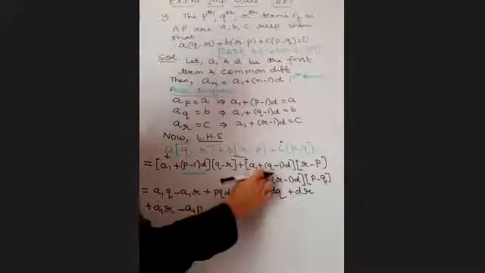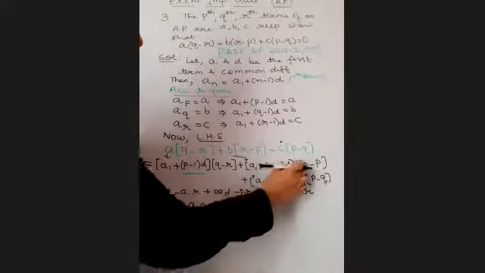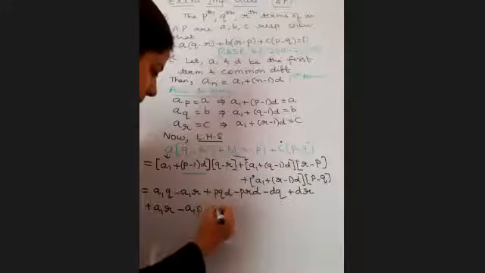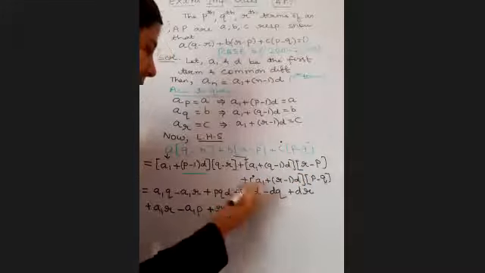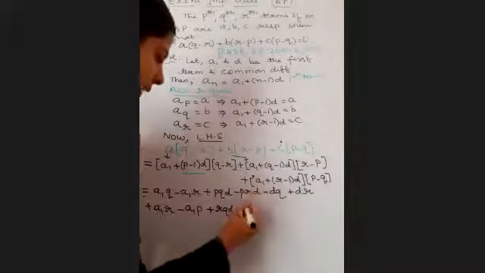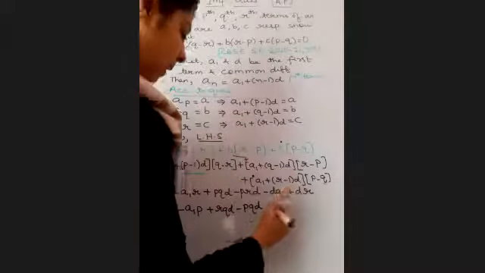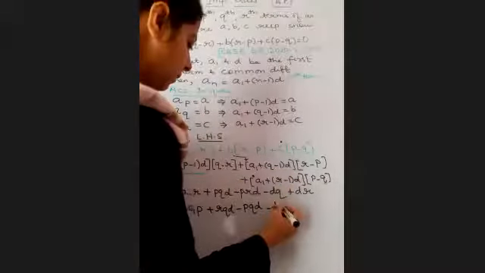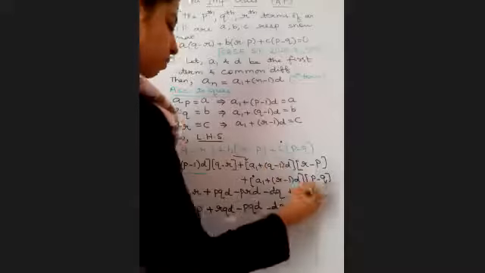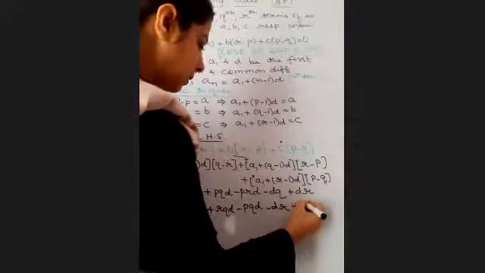Now q into d is qd. qd into r is qdr, and qd into p is minus pqd. Then minus d into r, so minus dr, and minus d into minus p is plus dp. Second bracket done as well.